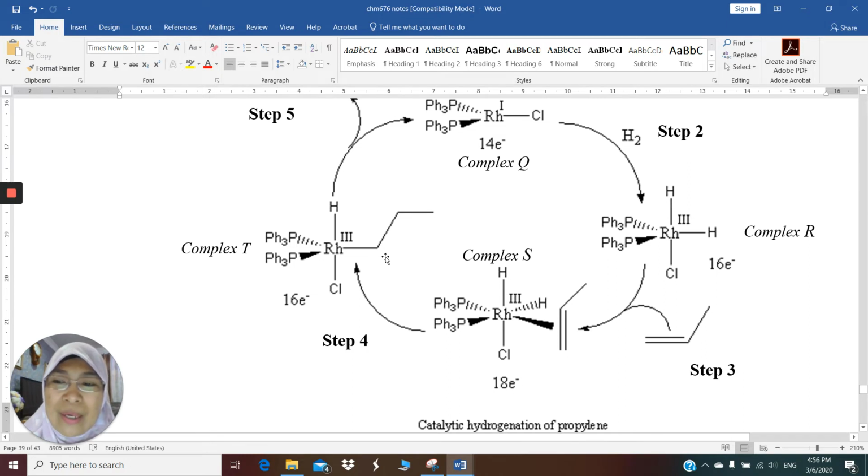It becomes propyl. It's no longer propene. So once it becomes a propyl, you have CH2, CH2, CH3 here.